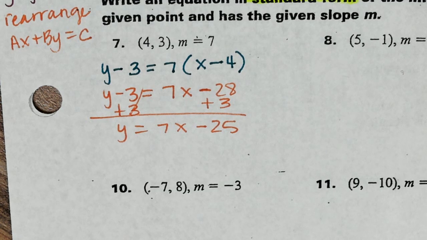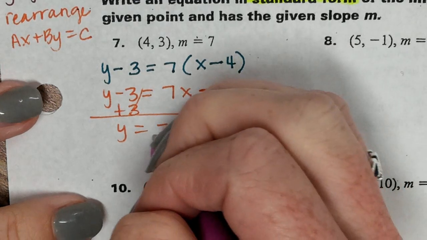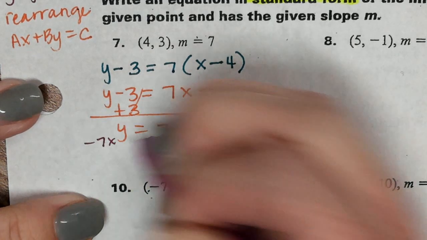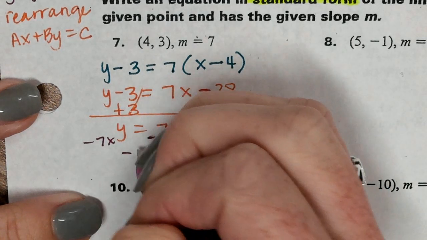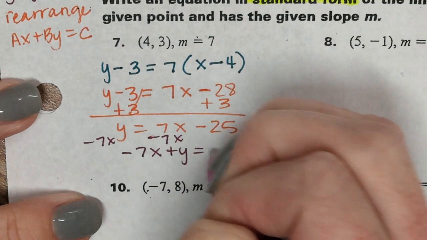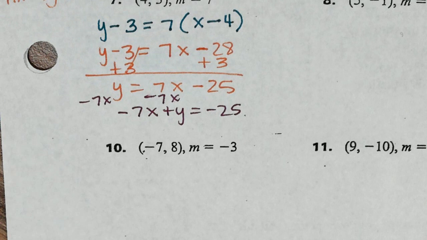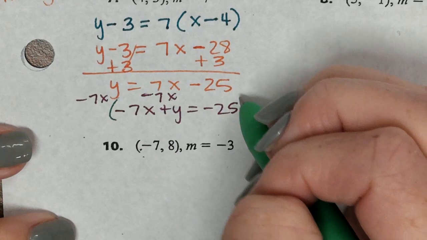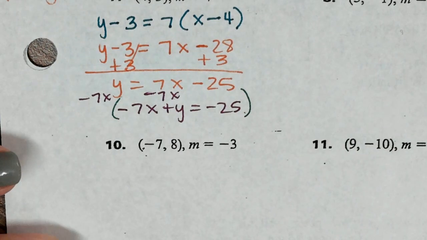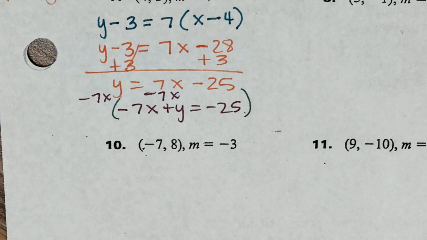So if I want this in standard form, what am I going to move? I'm going to move the 7x to the left by subtracting. And then I have negative 7x plus y equals negative 25. Is that a good, proper standard equation? It is not. So I'm going to multiply the whole thing by the lowest number possible to keep it simple: negative 1.